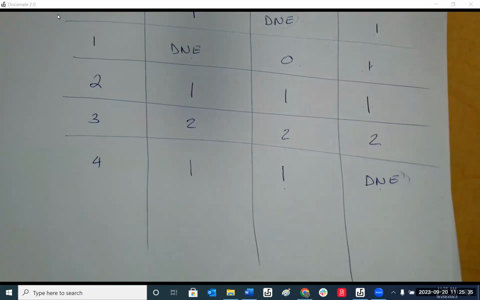So next, let's look at piecewise defined functions, because obviously the graph we just looked at was a piecewise defined function.